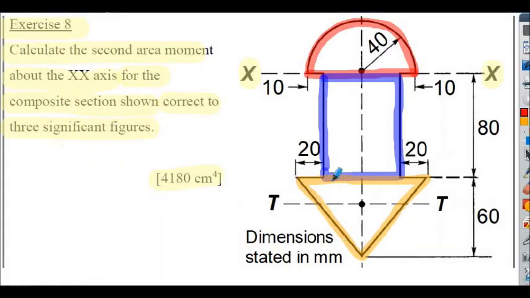But for the triangle section, we'll need to work out its second area moment about its centroid location at tt. We need to work out the area of the triangle, and we'll need to work out its distance from its centroid location to the x-axis. And then we can use the parallel axis theorem to work out the second area moment for the triangle about xx.